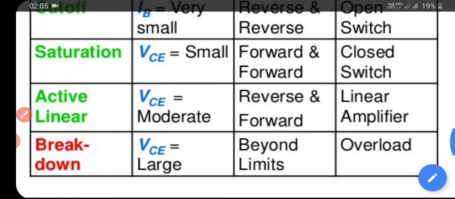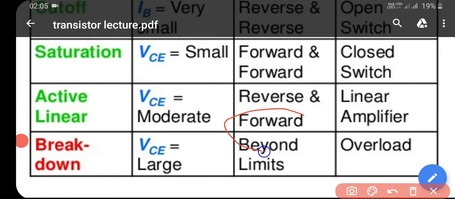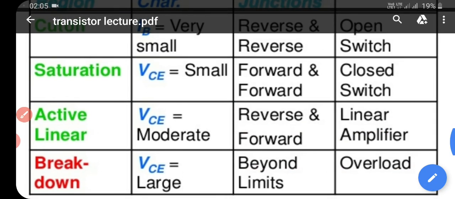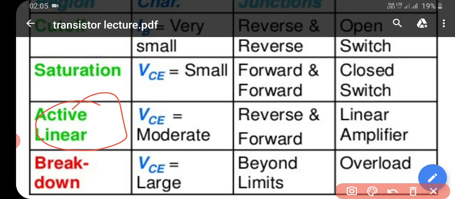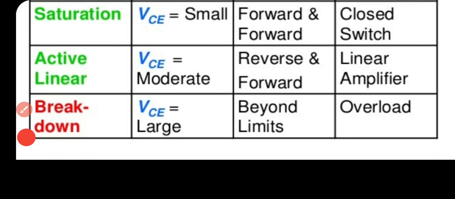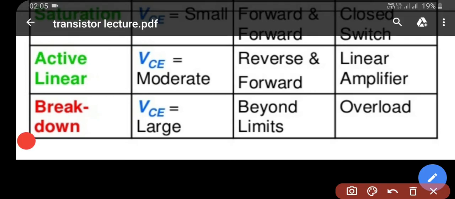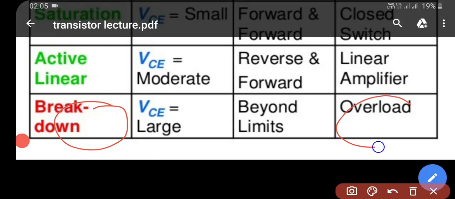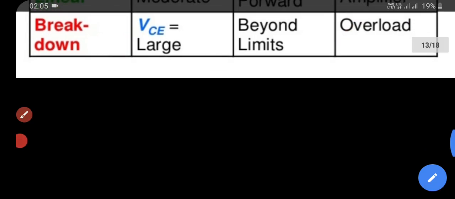But when base emitter junction is forward bias and base collector junction is reverse bias, the transistor works as an amplifier. It is also known as linear region and active region. When collector and emitter voltage is large, a breakdown occurs. At that condition the transistor is overloaded.